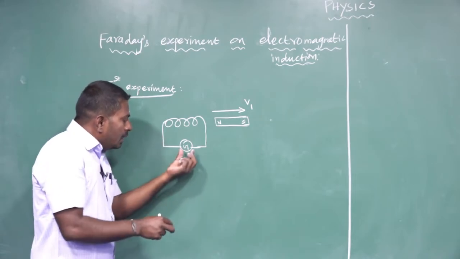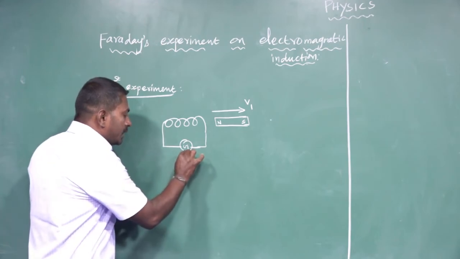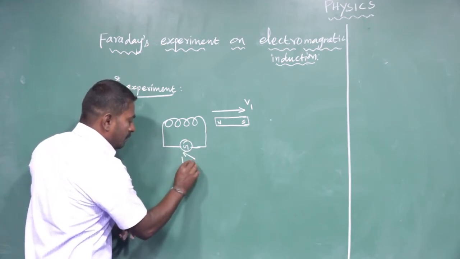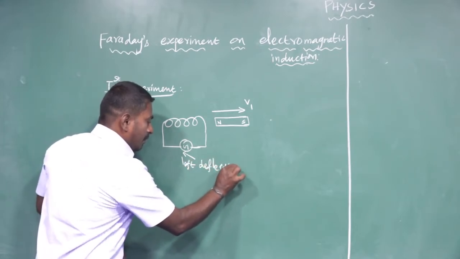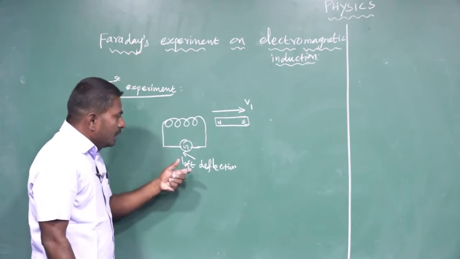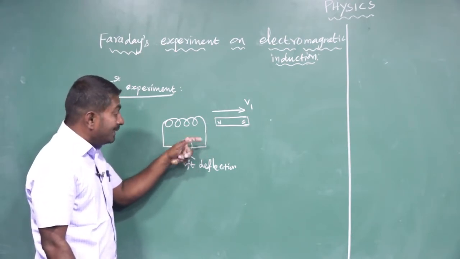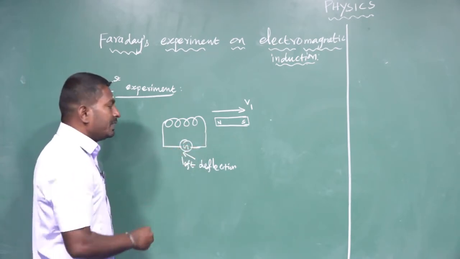Once again the galvanometer shows a momentary deflection along this direction, which means electric current is set up in the closed circuit, but it flows in the opposite direction to the previous case.